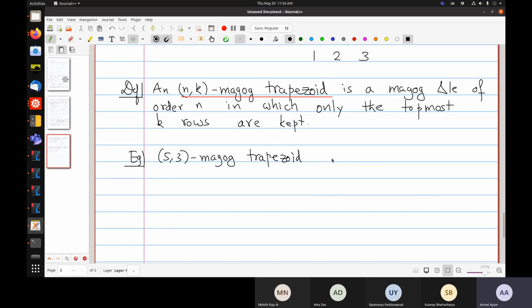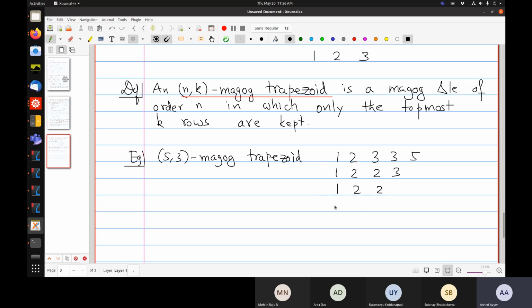So what we'll do is keep the topmost k, in this case 3 rows, intact. So 1, 2, 3, 3, 5. 1, 2, 2, 3. 1, 2, 2.